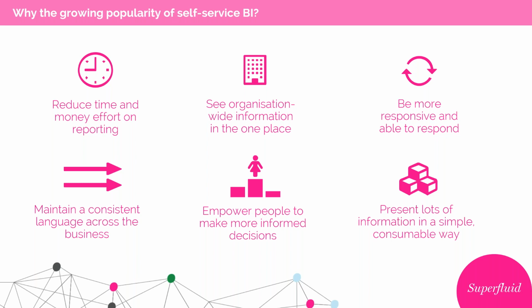Another massive boost, one that kind of goes under the radar but is incredibly important, is maintaining a consistent language and vocabulary across the business. When I say my definition of a business measure, is it the same thing that my work colleagues are using?